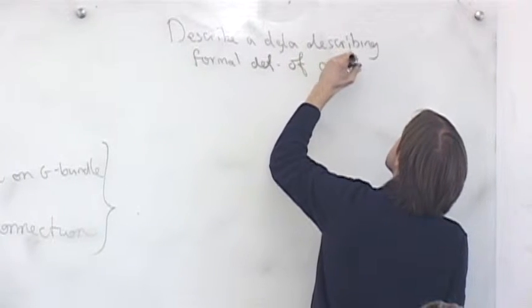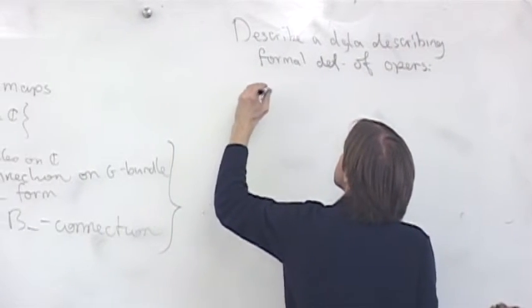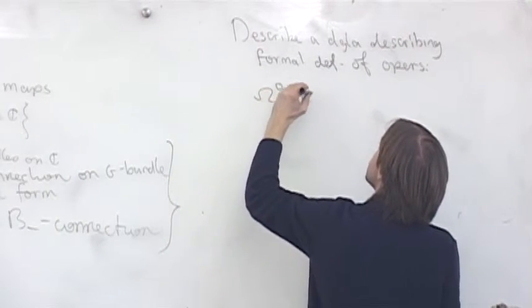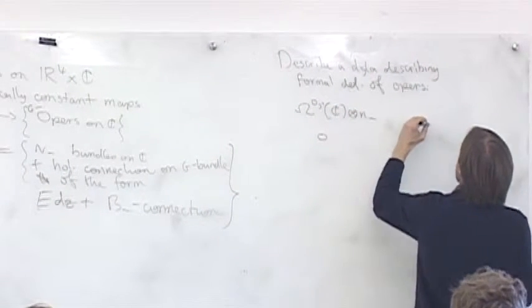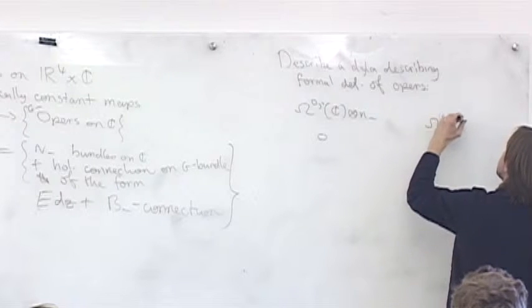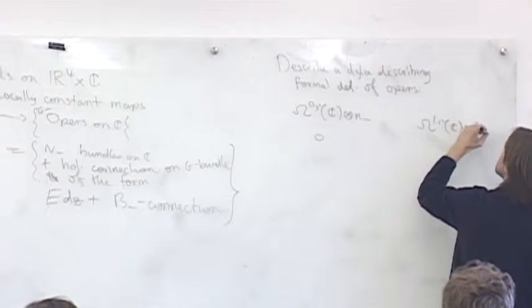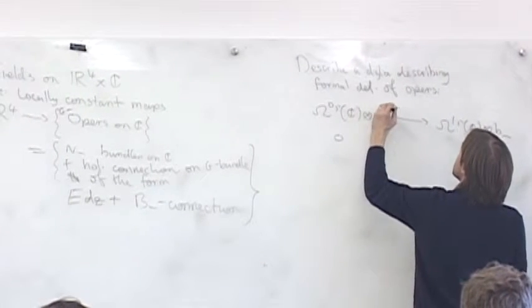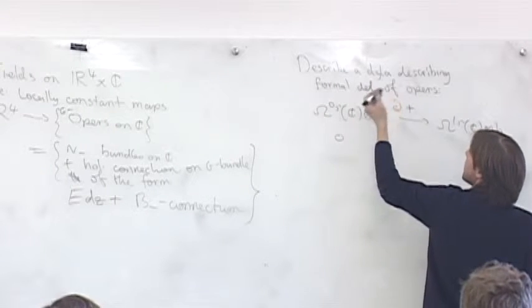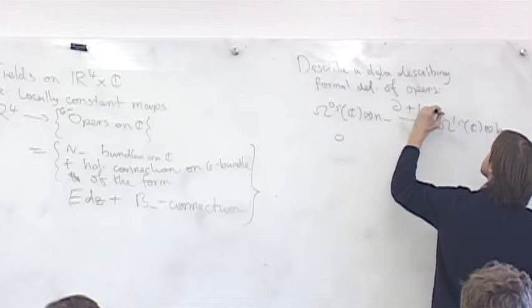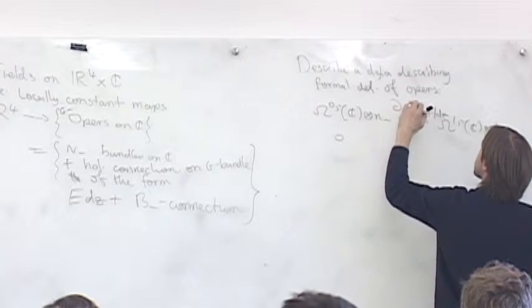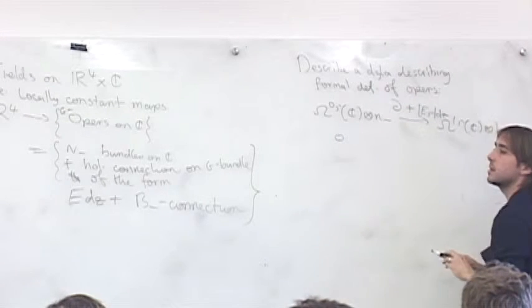What is it? It's just Omega^{0,*}(C) tensor n-minus, then Omega^{1,*}(C) tensor B-minus. The differential is this. Is this a free field theory?